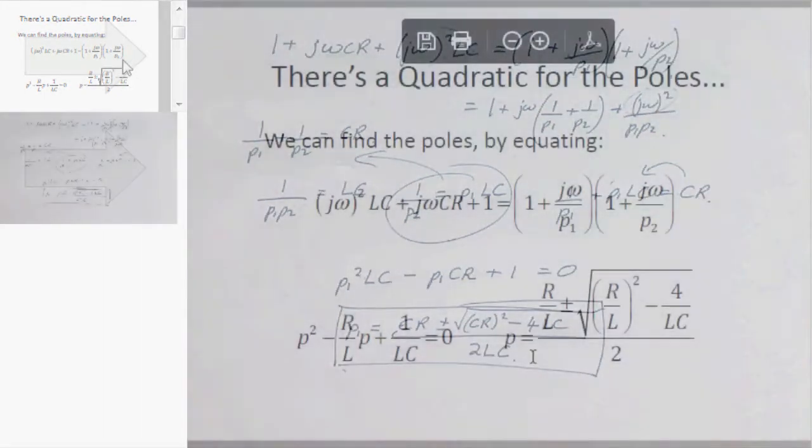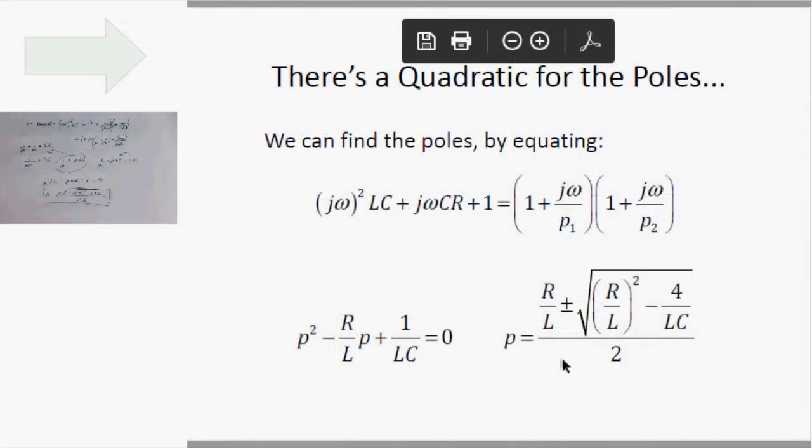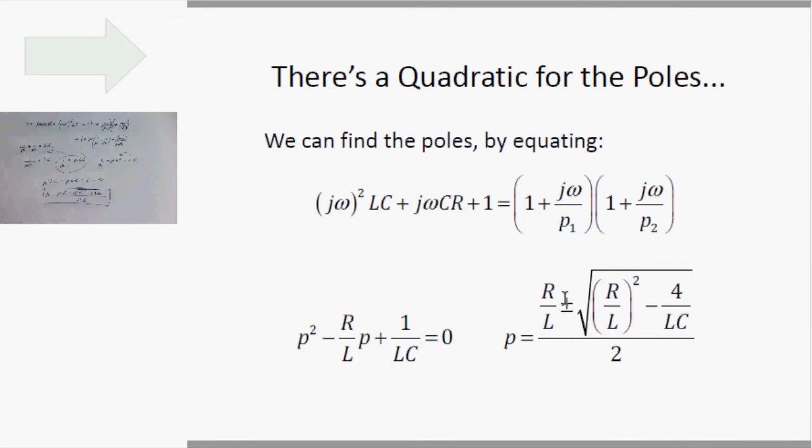You can write that in a slightly neater way by dividing through by LC on both the top and the bottom, and we end up with this expression here for the two poles. This, you will notice, does raise the possibility of complex poles. In the case where R over L, this term here, is bigger than this term here, then we end up taking the square root of a negative number, and that will result in complex poles, which is where things get a bit interesting.